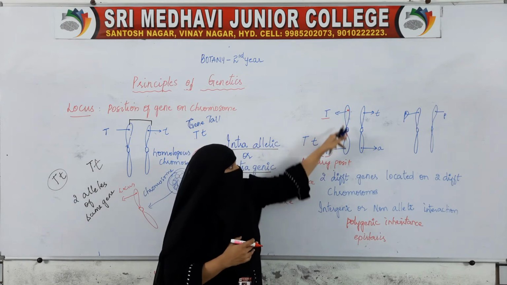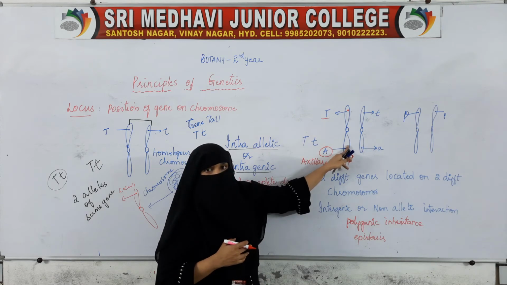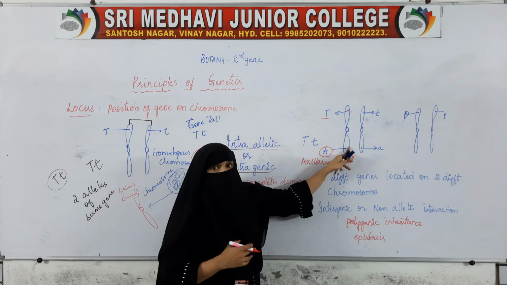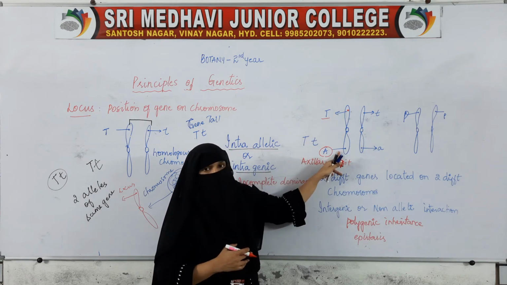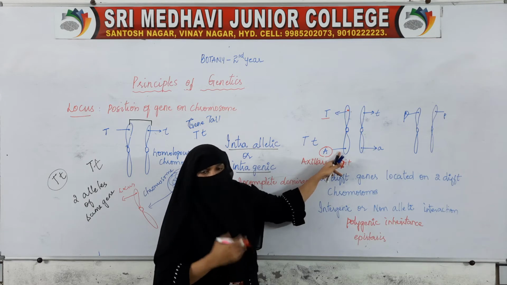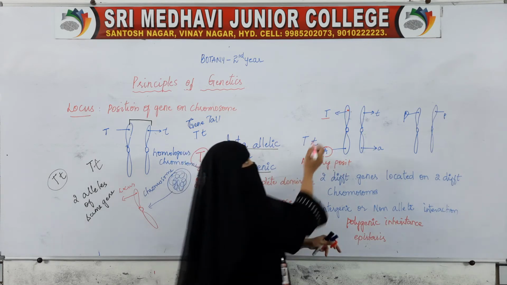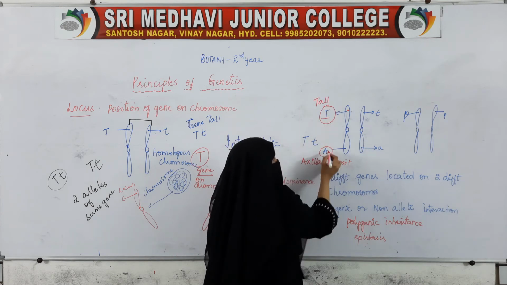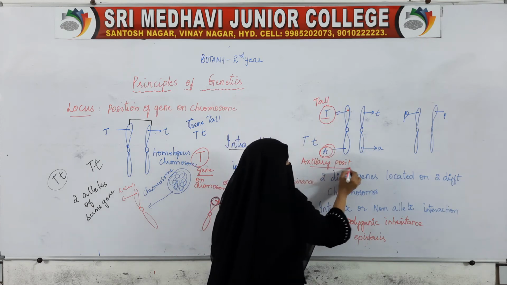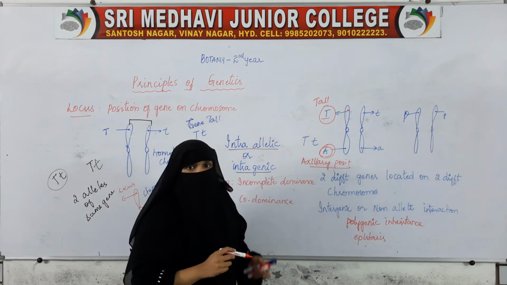So on the same chromosome, on the two arms, we find alleles of two different genes. This is one allele of the tallness gene and this is one allele of the axillary position of the flower.